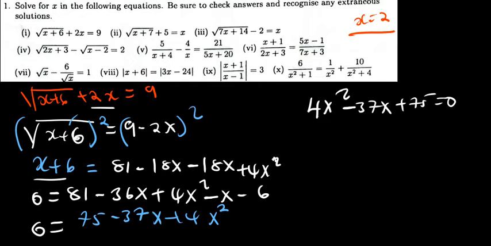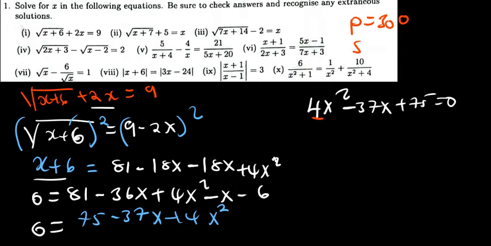So this is a quadratic equation, and now I'm trying to find the solutions. What I need to find is the product. The product is 4 times 75. 4 times 5 is 20, so I'll put 0. 4 times 7 is 28, plus 2 is 30. So 300, that's my product.